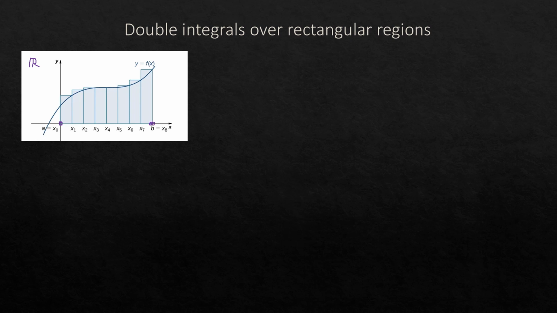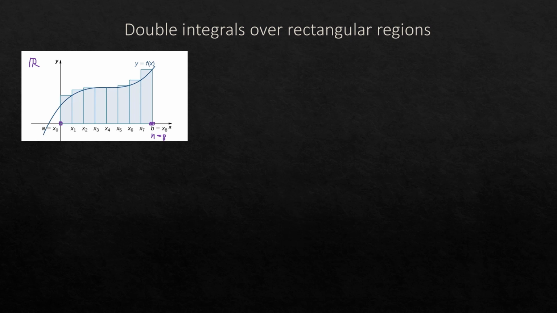And if we were to compute the area under the curve, one way we could do that is split up our interval AB into finitely many subintervals. In this case, looks like we have 8, so we say n will be 8 subintervals of equal length.